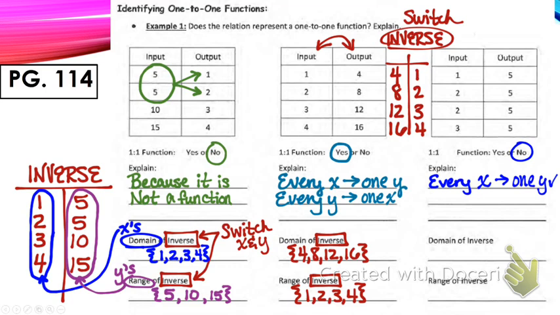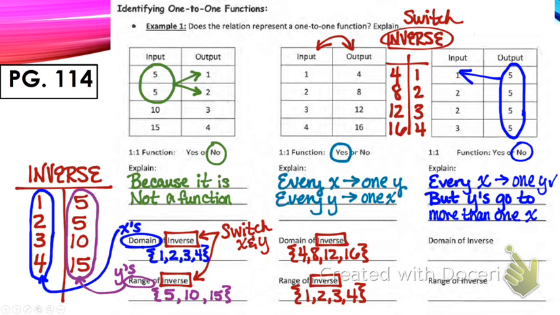Every x does go to one y, but we have y values that go to more than one x. So if I'm looking at this like that first table, here's my problem. 5 came from all these different x's.